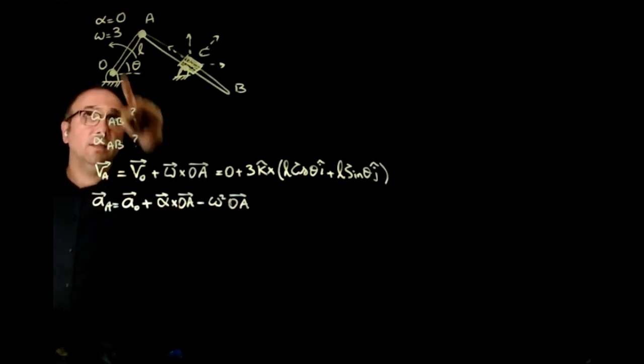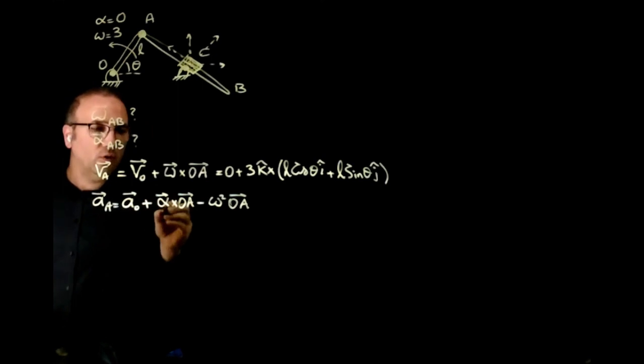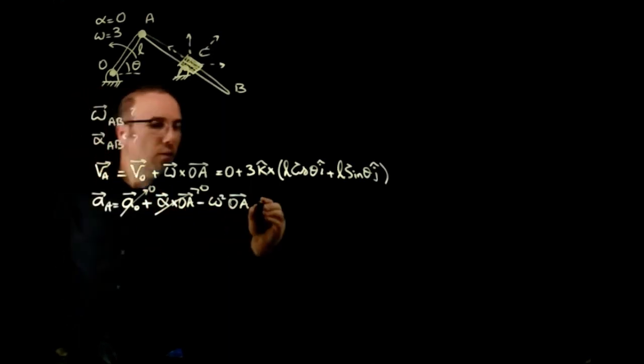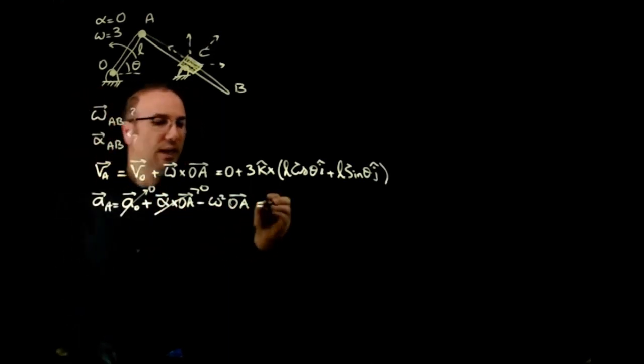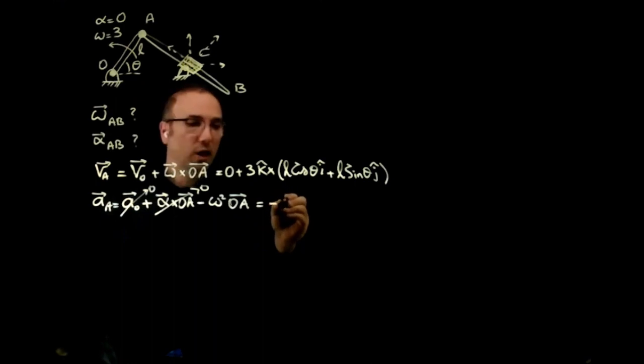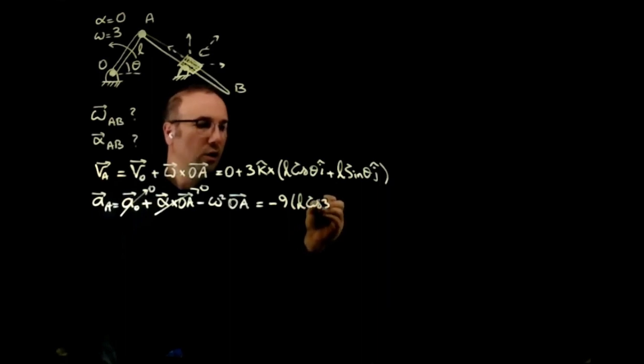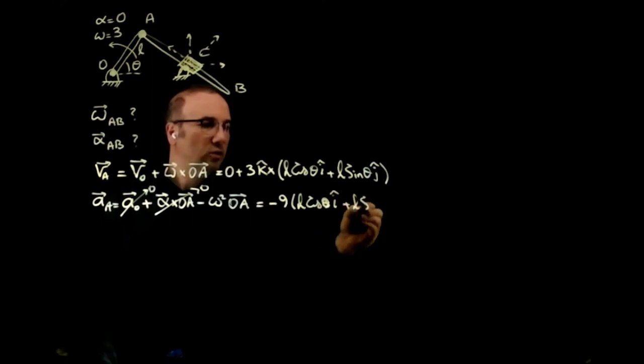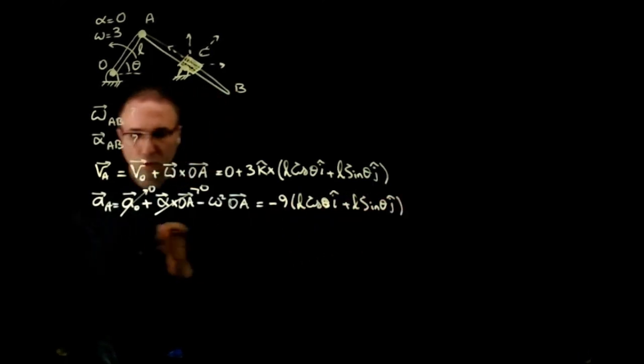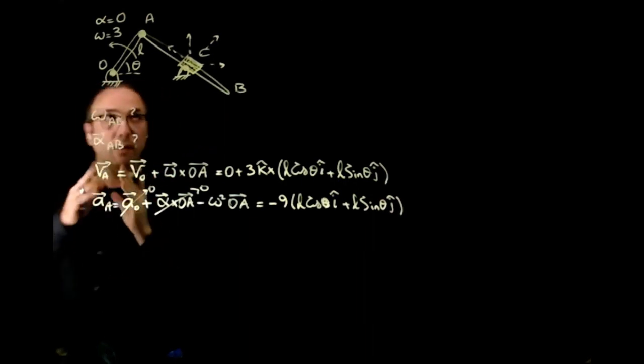Acceleration of O is zero, alpha is zero, so both terms are zero. Then I would get negative 9 times L cosine theta i hat plus L sine theta j hat. So I know the acceleration of A and velocity of A.